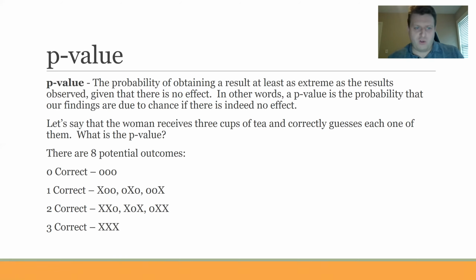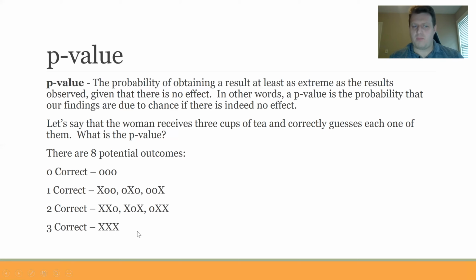It could be the case that Muriel gets none of them right. There's only one instance that she gets all of them wrong. She could get one of them right, and there's 3 instances that this could happen. She could get the first cup of tea right, the second cup, or the last cup. She could get 2 cups of tea right, and here are the instances that she could get those right, and she could get all 3 of them. There's only one instance of this.